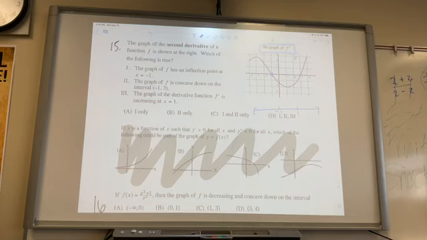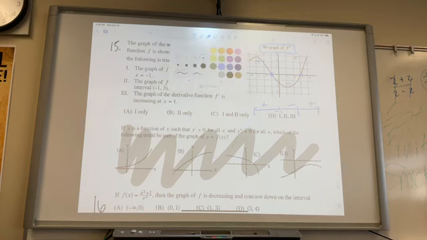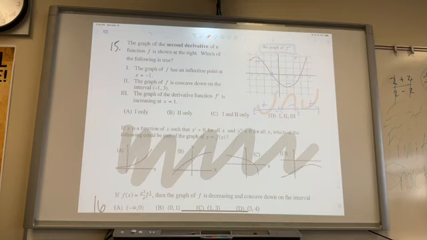And it's above the axis, below the axis, above the axis. So we're going concave up, down, up. Is there an inflection point at -1? Yes. True. Is it concave down from -1 to 3? Yes. True. Now I have to look at 3 because it's either 1 and 2 or 1, 2, and 3.